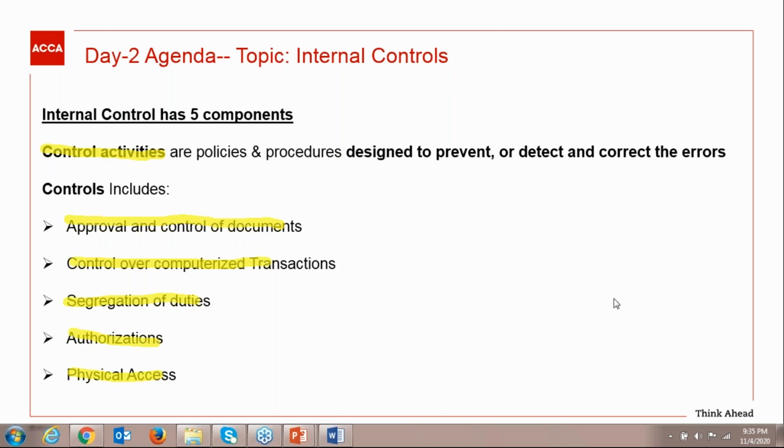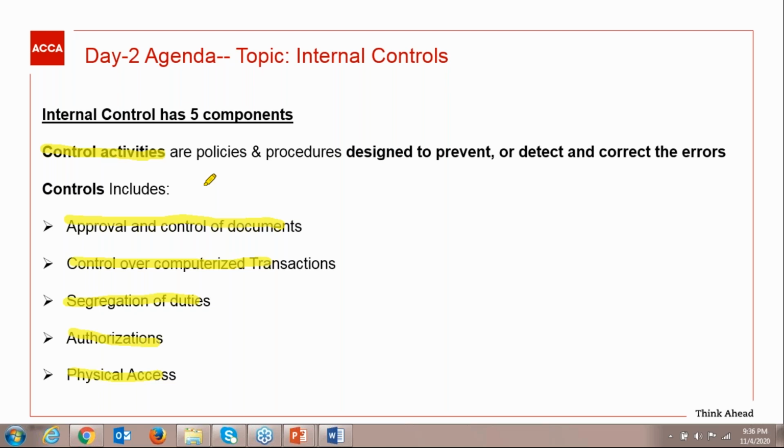These are the control activities to achieve a certain control objective. Control activities help us in achieving the control objective. Please write down this statement. Control activities will help us in achieving the control objective.